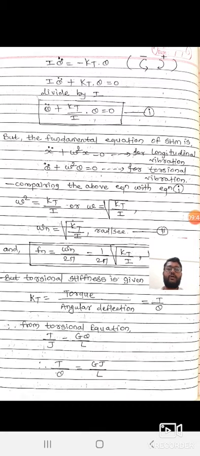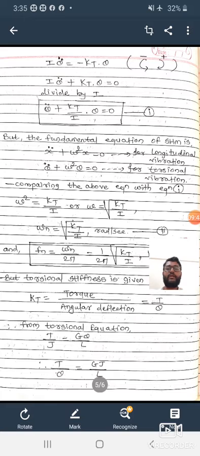The fundamental equation of simple harmonic motion is x double dot plus omega square x, which is for longitudinal vibration, and similarly theta double dot plus omega square theta is for torsional vibration.